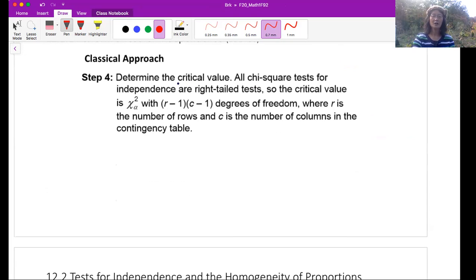And step 4, determine the critical value, chi-square with r minus 1 times c minus 1 degrees of freedom. You can find the critical value from the table, or you can find it from Excel.